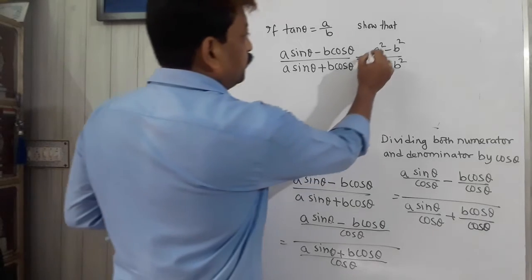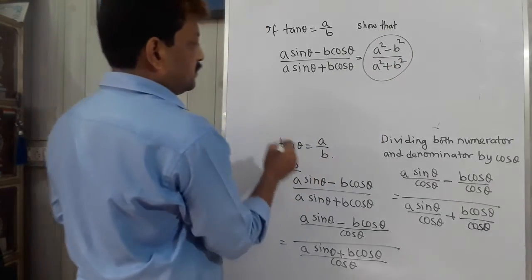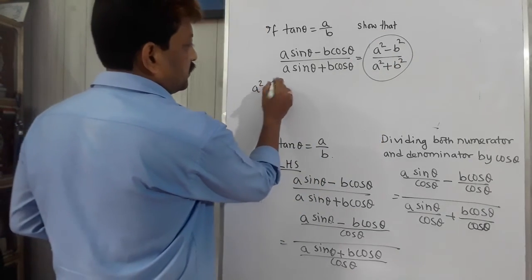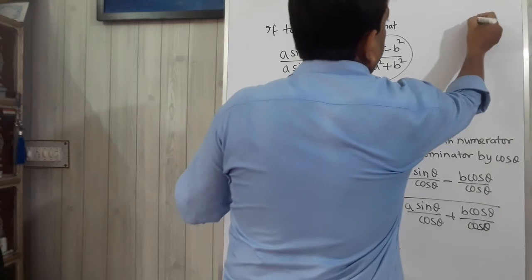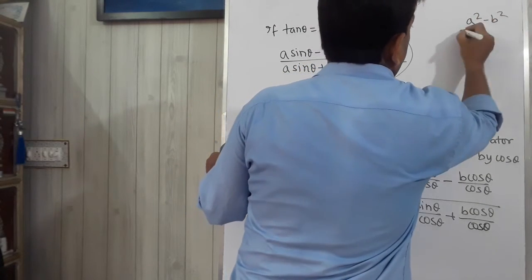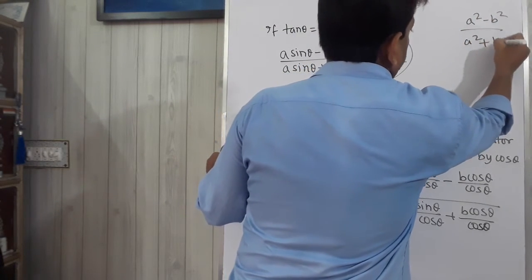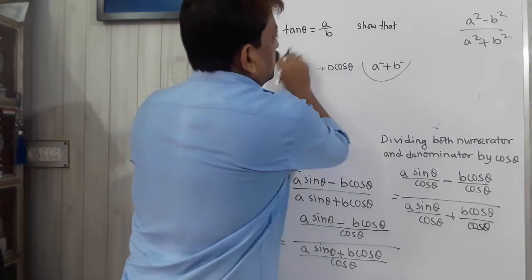So what we have to prove? The RHS is a square minus b square upon a square plus b square. I am writing it here. So let me erase the whole thing again.